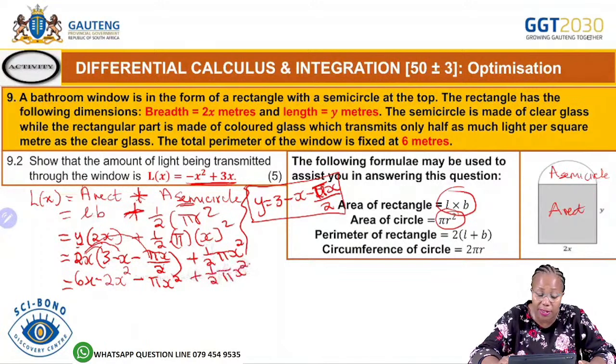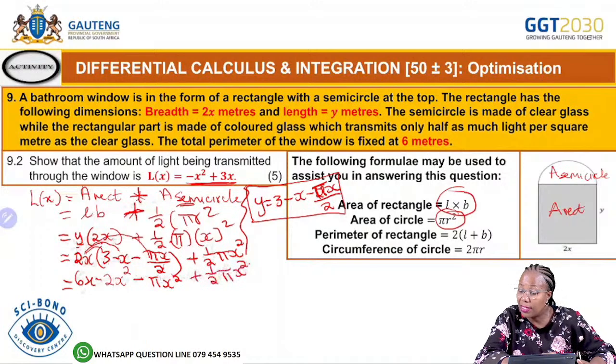Length by breadth, that is 2x, and then y, and then we are multiplying this out.